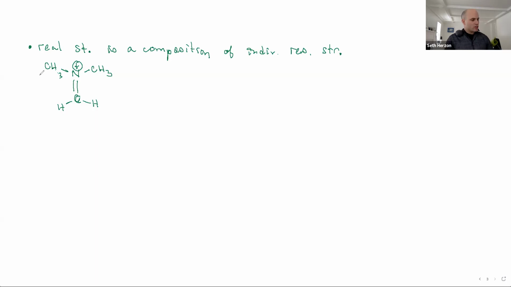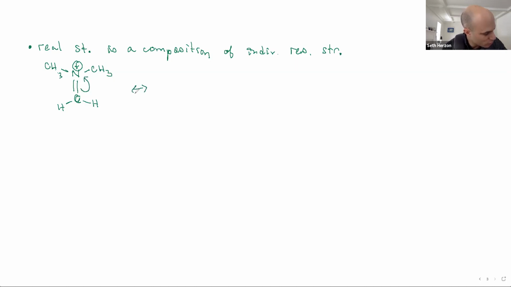And I've got a double bond between nitrogen and carbon, okay? What I can do is start to think about resonance structures for this molecule, all right? And the first one I'm going to draw is I'm going to take one of the bonds in the double bond and push those electrons up to nitrogen, okay?